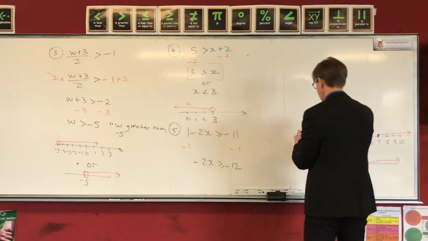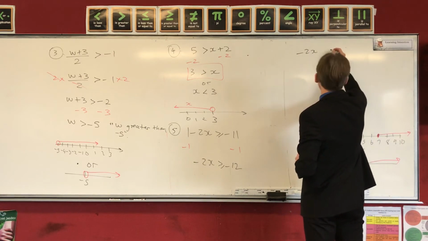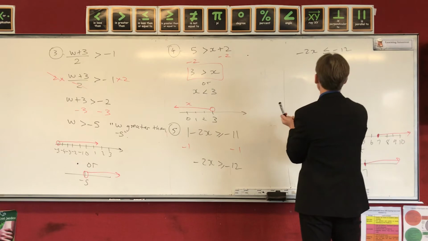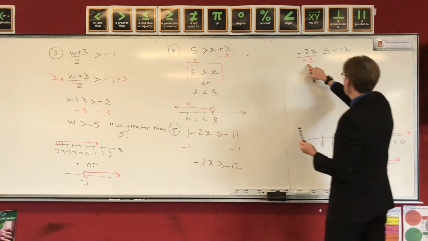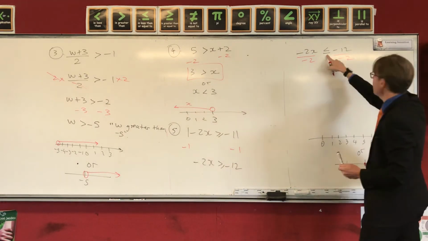You leave this as it is, and you write this down with the inequality sign reversing. Okay? The reason you're doing that is because you're going to be dividing by a negative. Okay? Once you divide by a negative, this has to point in the opposite direction.